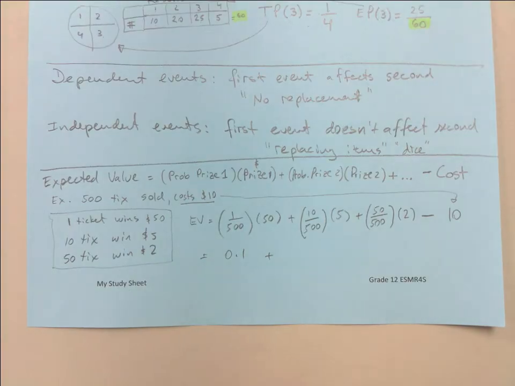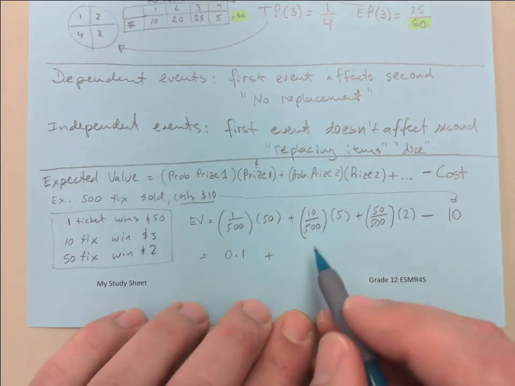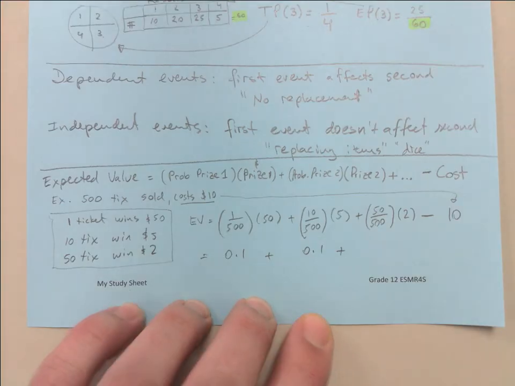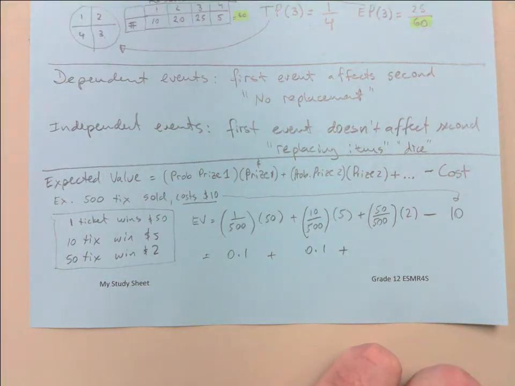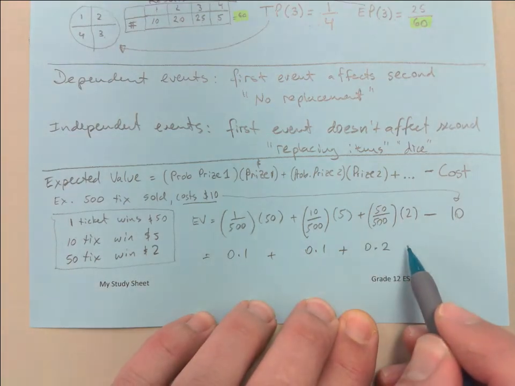Yeah, okay, something went wrong here. 1 divided by 500 times 50. Oh yeah, this is also 0.1. And then it's 0.2 minus 10.